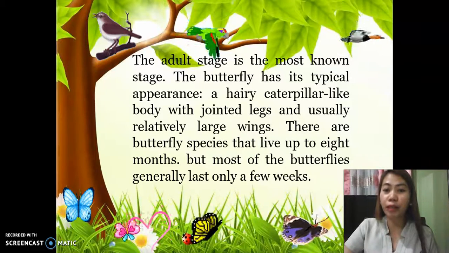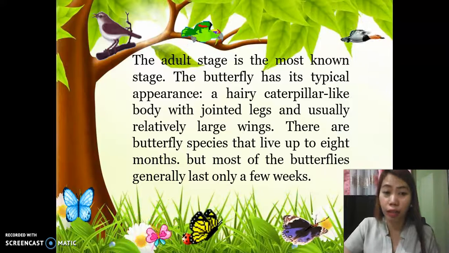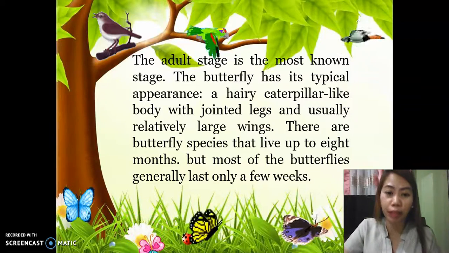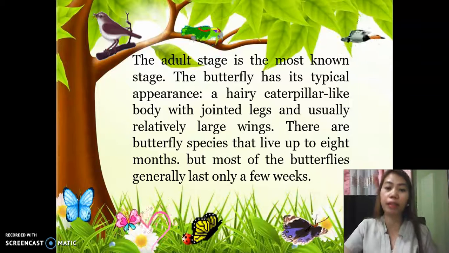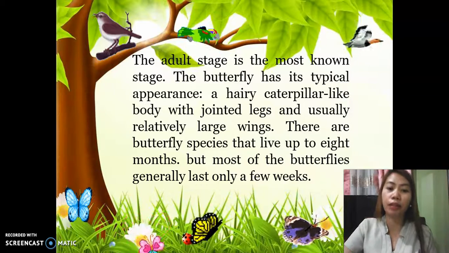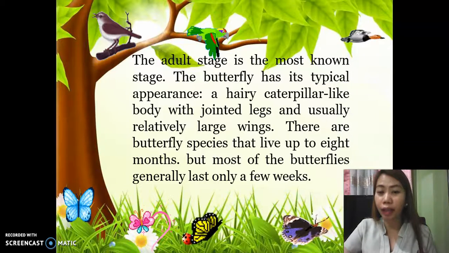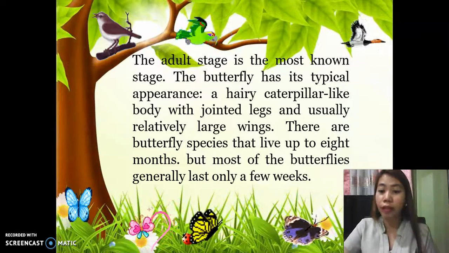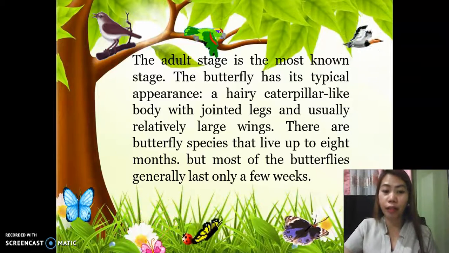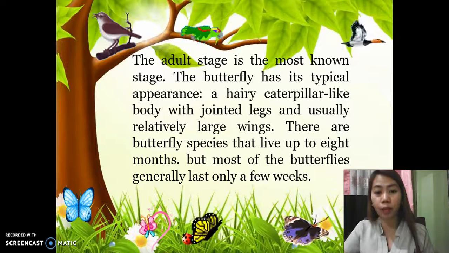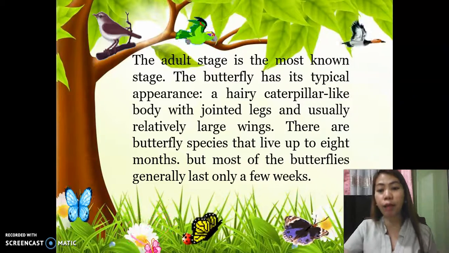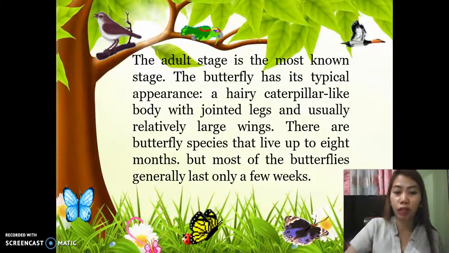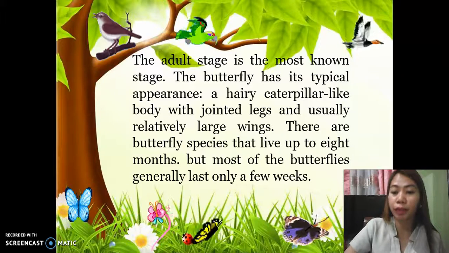So in this stage, the adult stage is the most known stage. The butterfly has its typical appearance: a hairy caterpillar-like body with jointed legs and usually relatively large wings. However, there are butterfly species that live up to 8 months. But most butterflies generally last only a few weeks.